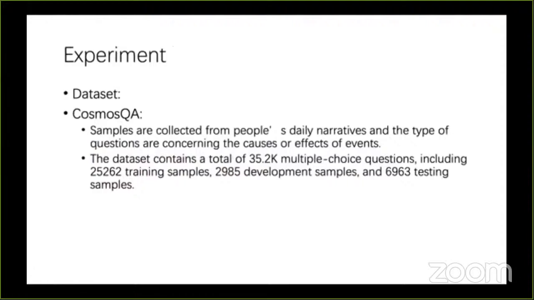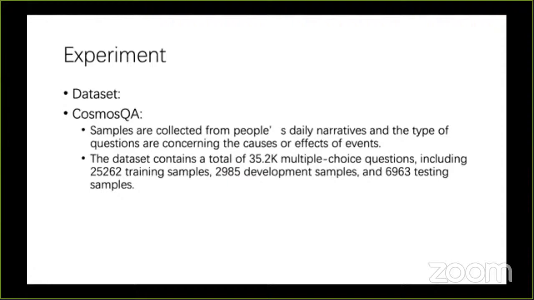We test our model on the Cosmos QA dataset, which is designed for reading comprehension with commonsense reasoning. The data is sampled from people's daily narratives and has types of questions concerning the causes and effects of events.